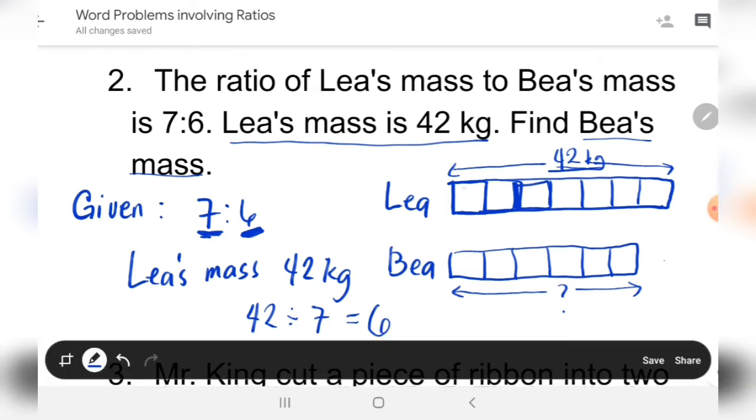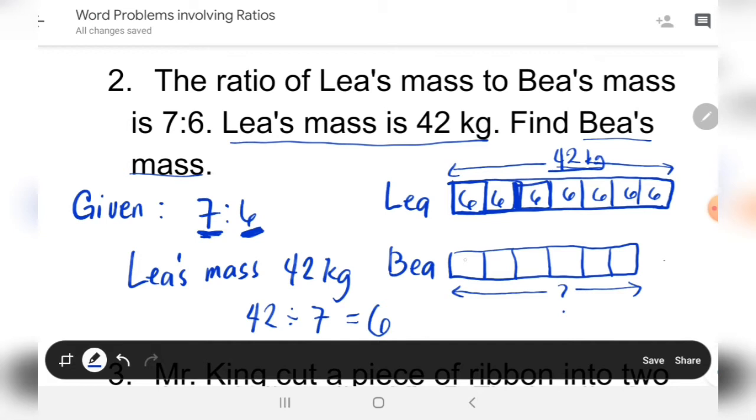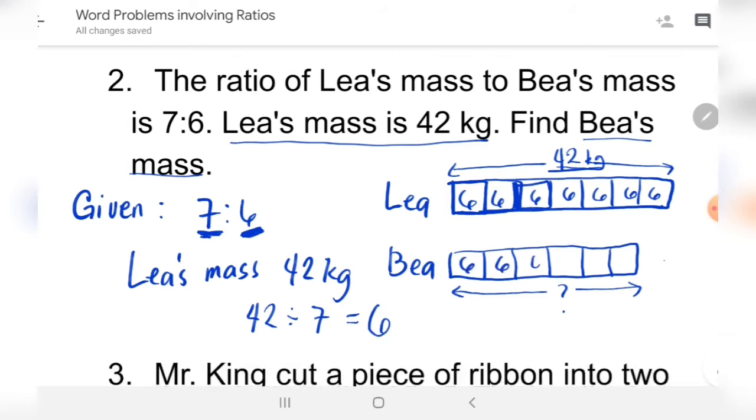It means that in every unit, there are 6 kilograms. And that solves our question.